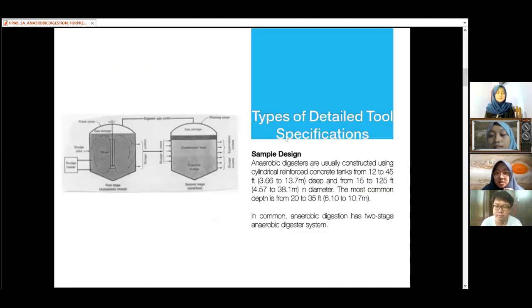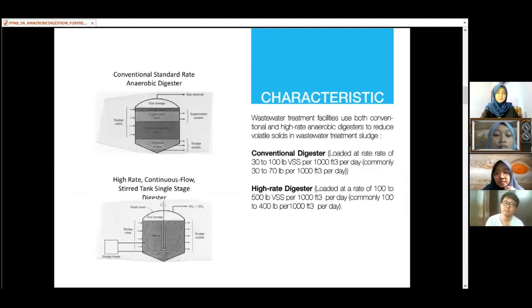Anaerobic digesters are usually constructed using cylindrical reinforced concrete tanks from 12 to 55 feet deep and from 15 to 125 feet in diameter. In common, anaerobic digestion has a two-stage anaerobic digester system. Wastewater treatment facilities use both conventional and high-rate anaerobic digesters to reduce volatile solids in wastewater treatment sludge.